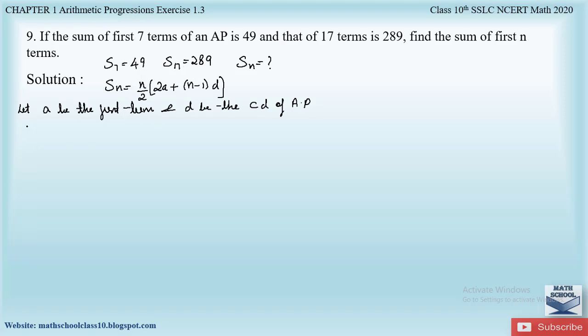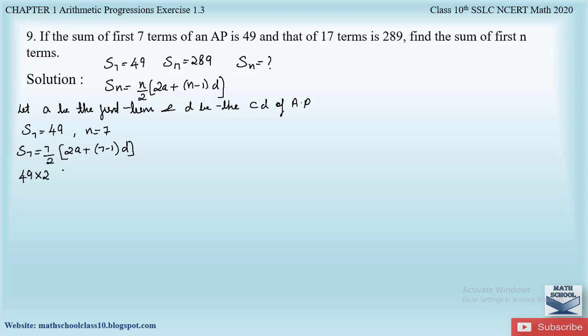Since it is given that S7 is equal to 49, here they have given the sum for 7 terms. So n value is equal to 7. Let us substitute in this formula for sum. S7 is equal to 7 by 2 into 2a plus 7 minus 1 into d. What is S7 value? That is 49.